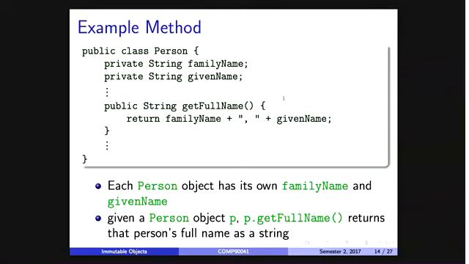And what that's going to do is it'll take the family name and a comma space and the given name. So we'll put it in that order. And that's what it returns, and that's all we'll say about this class. Notice that we've made it public. So the idea is if you get a hold of a person object, you ought to be able to get their full name. It's a reasonable thing to ask.